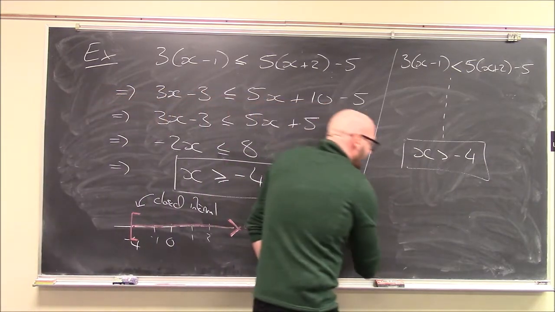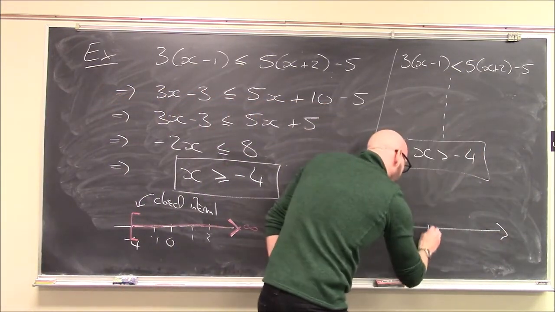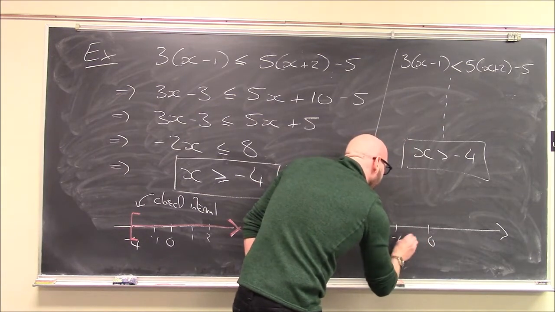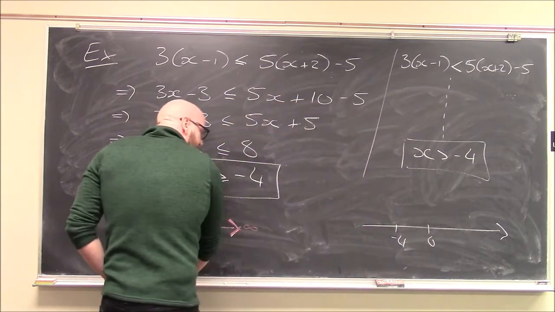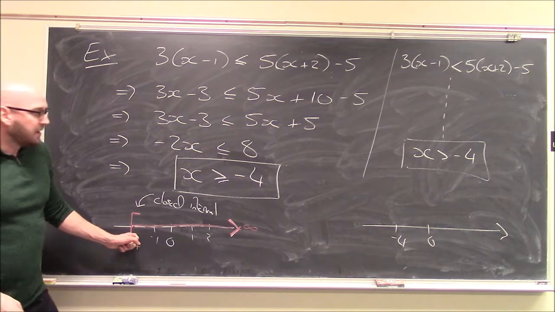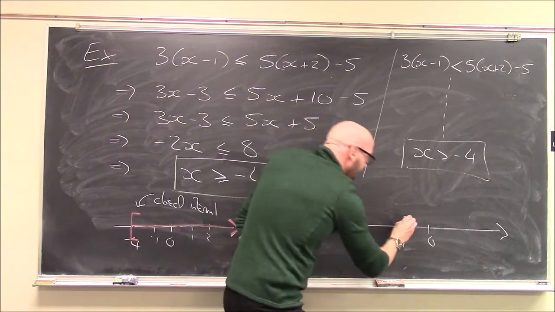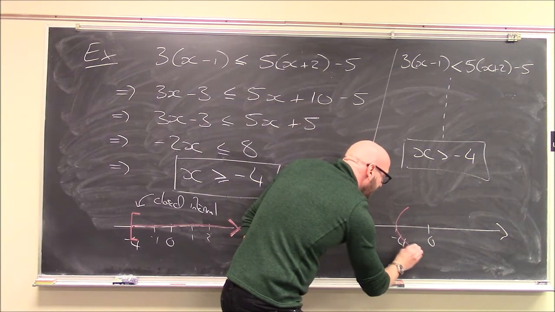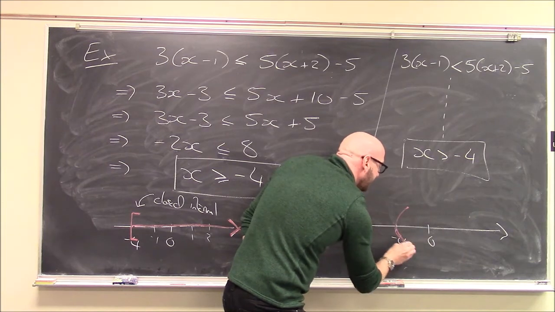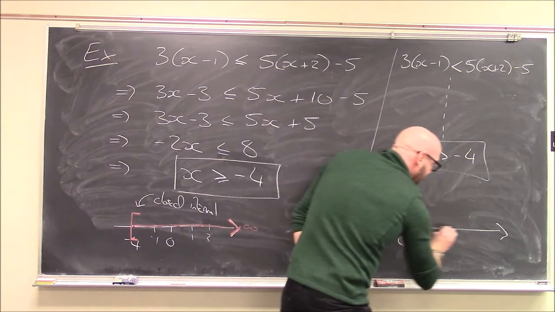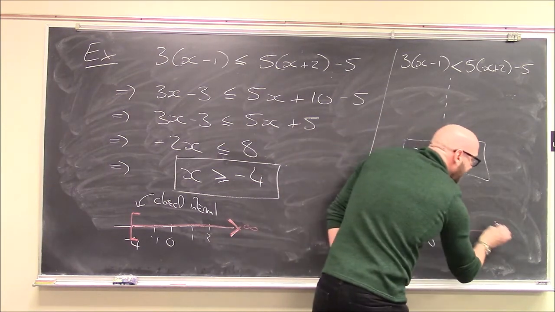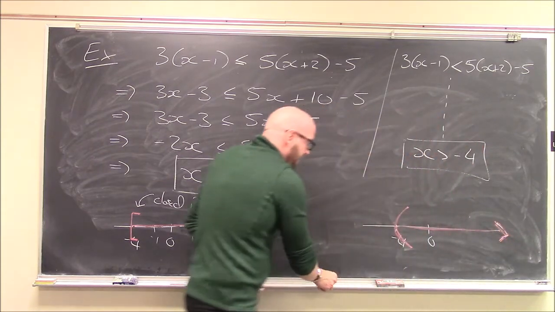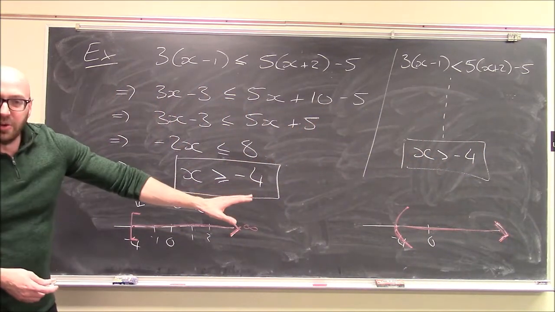And the way we represent this graphically is, once again, there's 0, there's minus 4. If I want to indicate that I'm not including minus 4, I'm going to put a little round bracket there instead. Okay, so instead of squaring it out, we make it round. And that indicates that I'm not going to include minus 4.